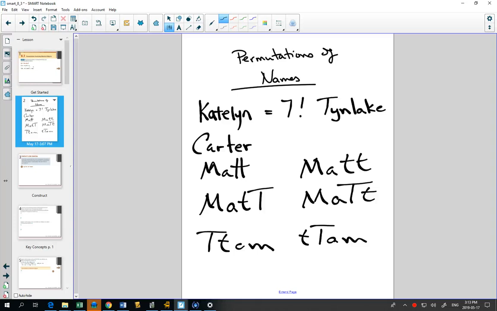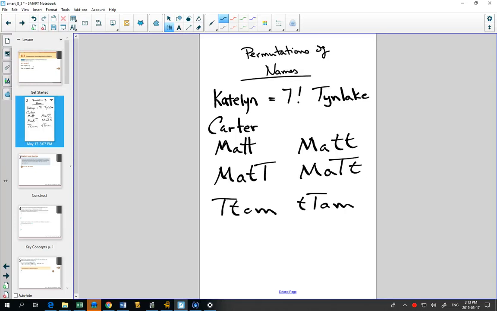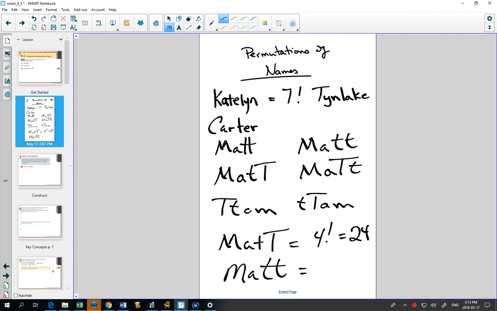So what do we do with repeated letters? With Matt, like this, would be 4 factorial, which is 24. With Matt, like this, there's only 12.